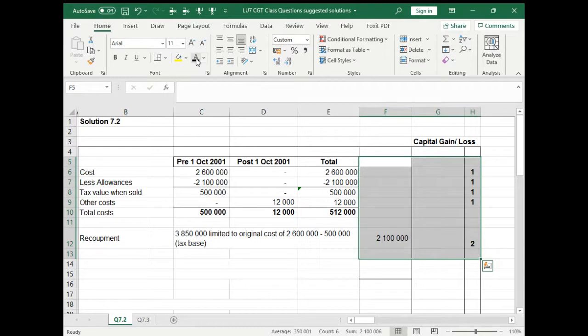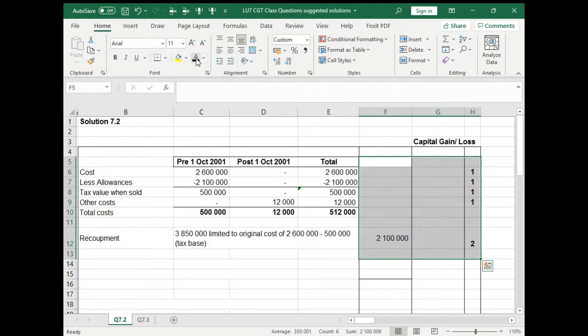The base cost, however, because we applied it prior to 1 October, we have to apply the valuation date value to work out what is the base cost value. Okay? It is not straightforward, the 2.6 million. You have to look at the 3 items to determine this to work out the capital gains.